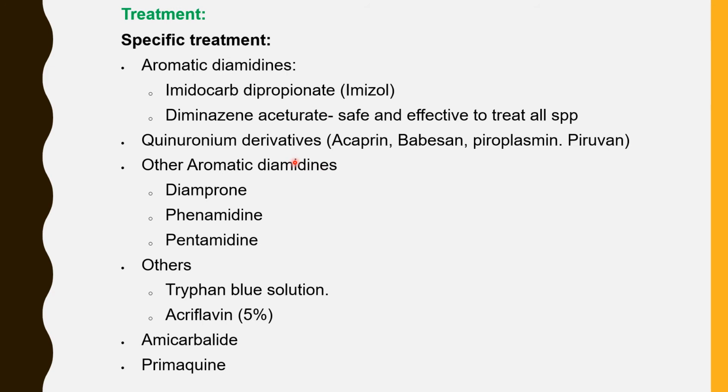Quinuronium derivatives such as acaprin, babesan, piroplasmin, and pirevan. Other aromatic diamidines are diampron, phenamidine, pentamidine. Other drugs were previously used and nowadays they are not used: trypan blue solution, acriflavine 5%.